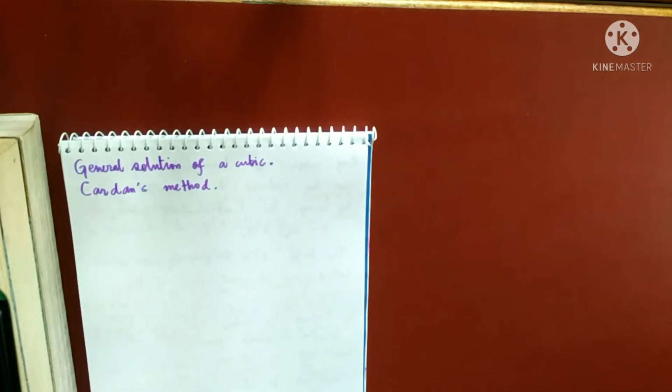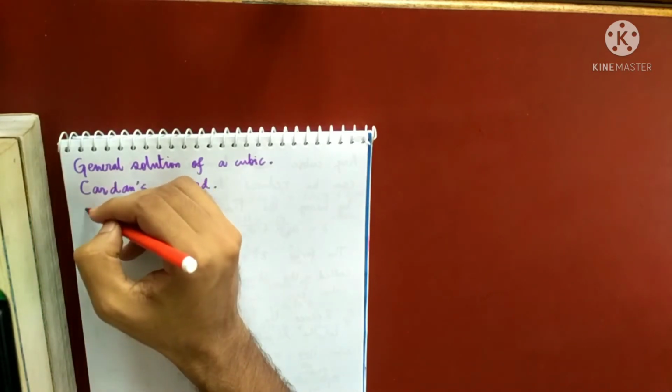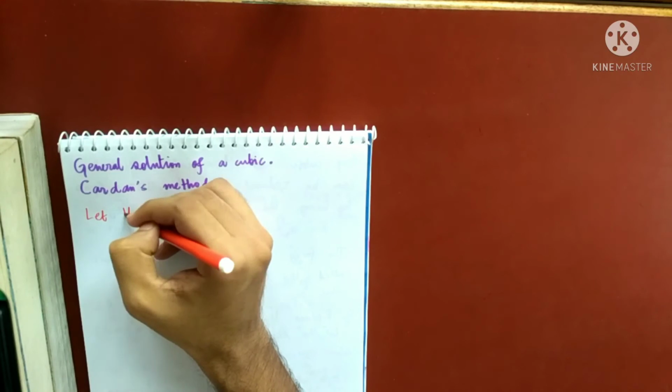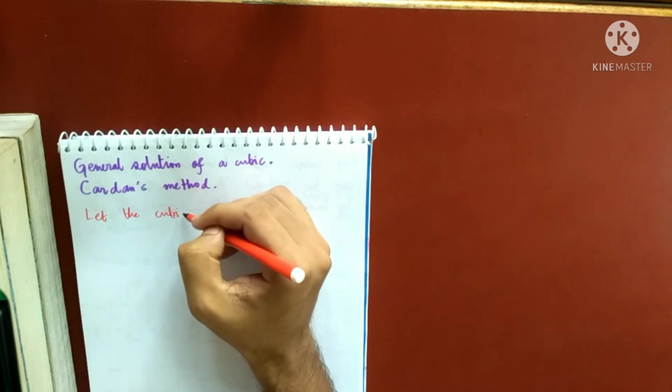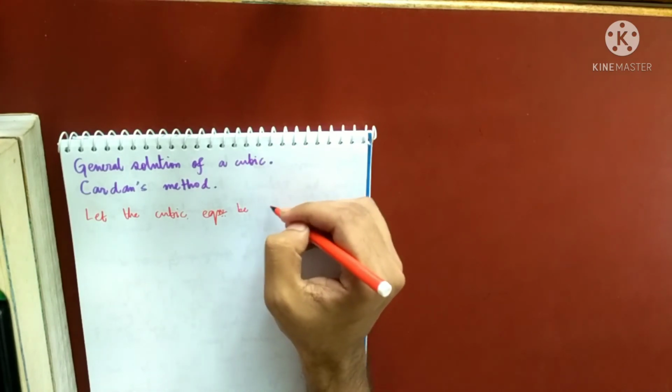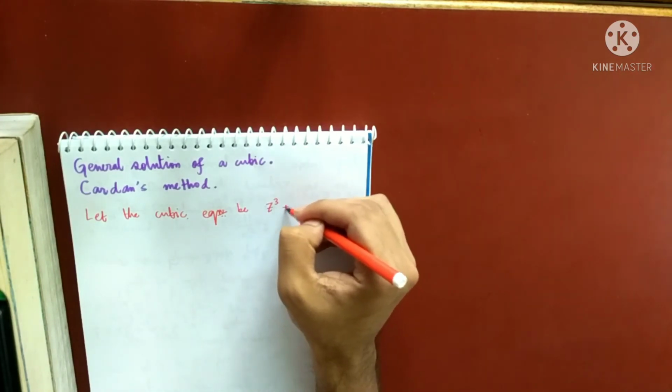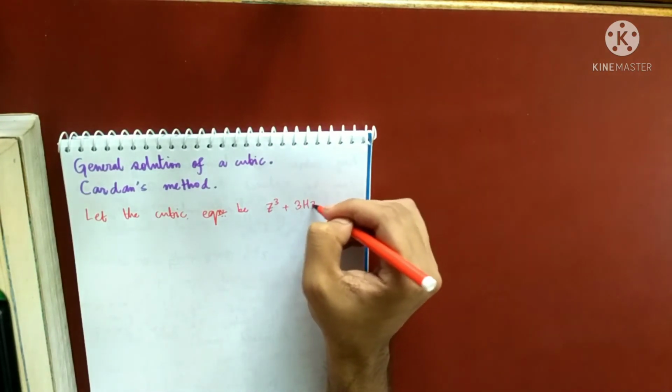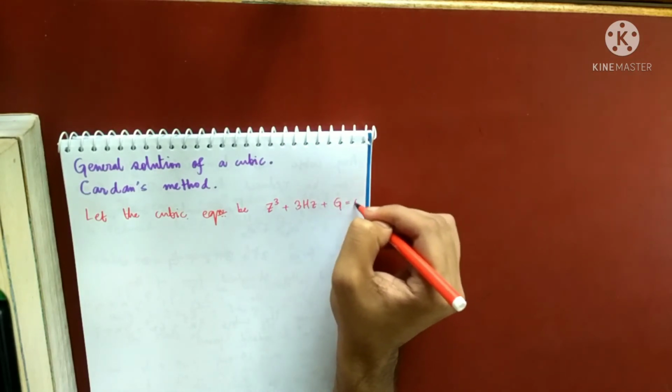Cardan's method will give us a way to solve a cubic equation in the standard form. So let the cubic equation be this one: z cube plus 3hz plus g equals 0.